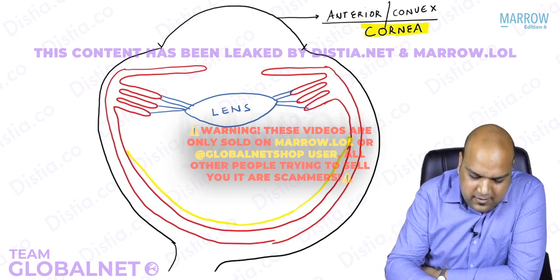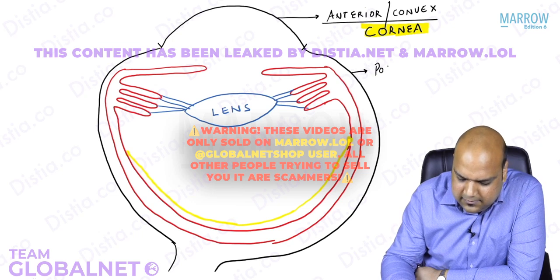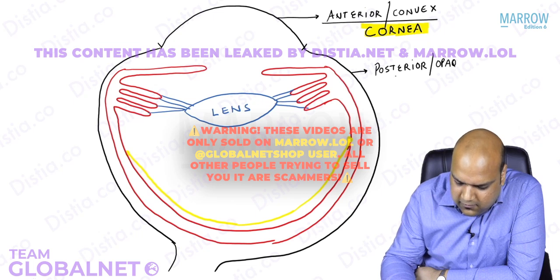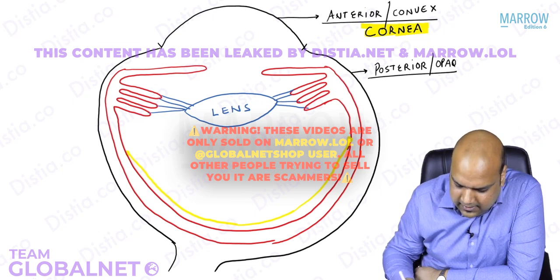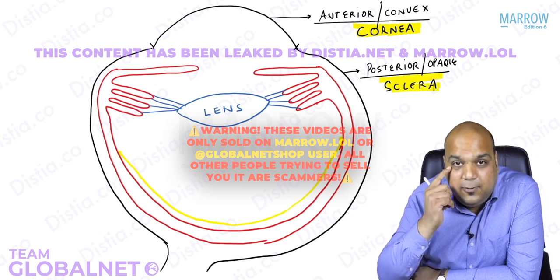Okay. Now, the posterior part, which is opaque, white in color here, everybody, is your sclera. Yes or no? In my eye, you can see white color.